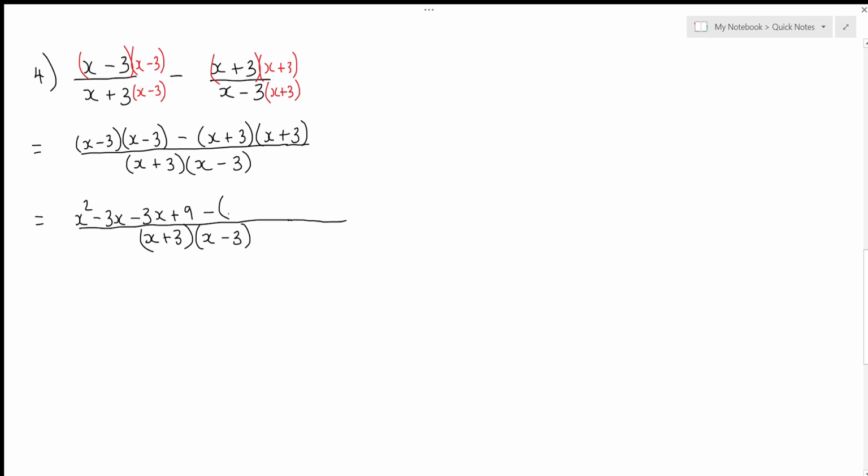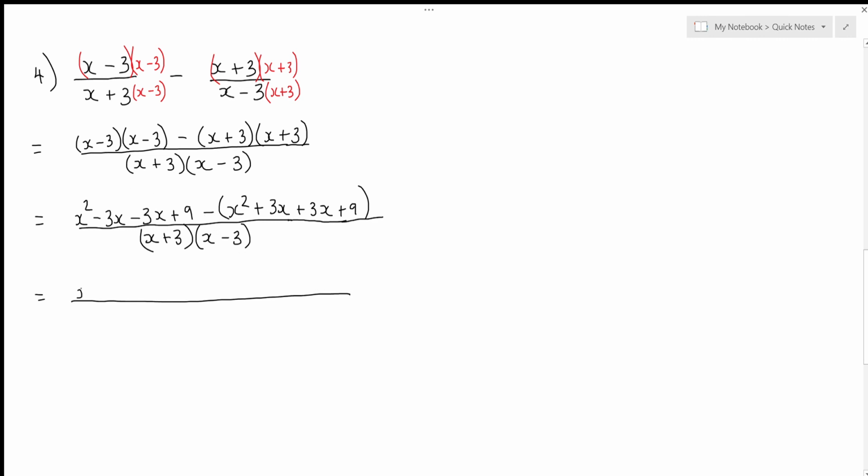So here we're going to have x squared plus 3x plus 3x plus 9. So we're multiplying out. And in my next step, I'm going to multiply out by the negative, but first I want to simplify before I do that.